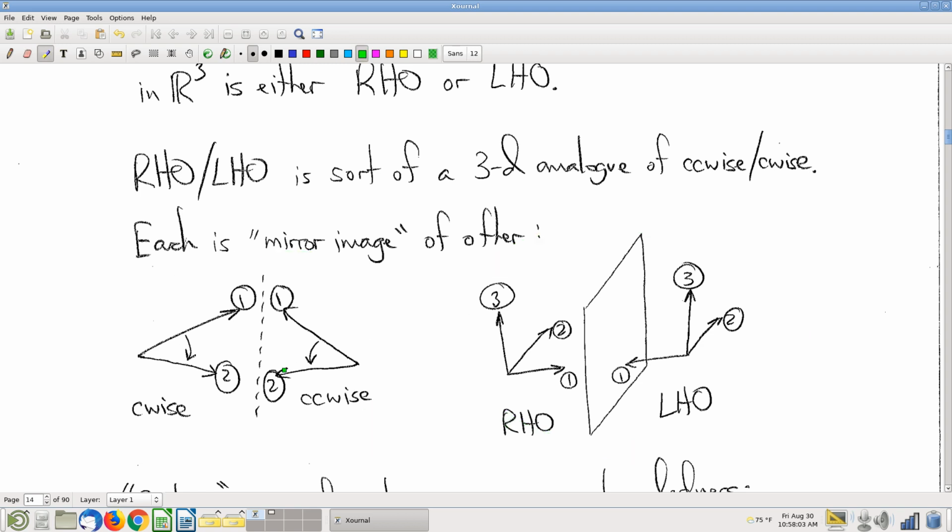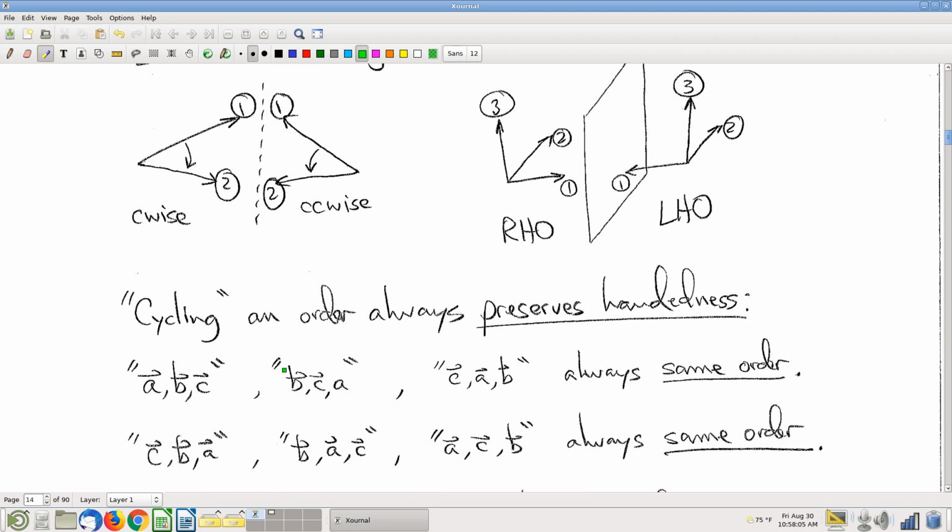A couple other neat things about right-hand order and left-hand order. I'm going to call this cycling. If you cycle a list of vectors, that preserves the handedness. So here's what I mean by that. Let's suppose ABC, it doesn't even matter, maybe it's right order, maybe it's left order.